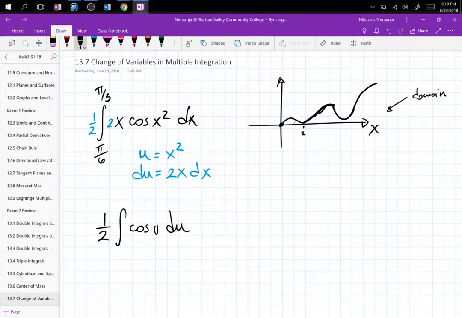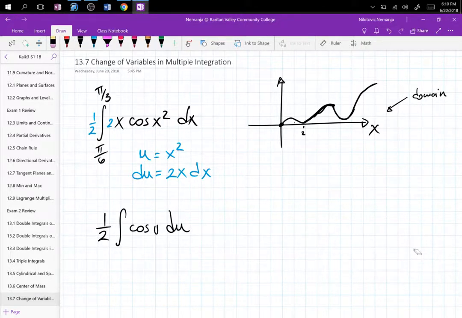Now, I'm going to transform the limits as well. Because if you think about this, your limits are x, your variable is x, and the integral is dx. So everything in this integral is x, which means that once I switch the variable from x to u, everything has to be u. Well, we at least see that the function is in terms of u, and we have du. So now we also have to make sure that the limits on the integral are also u.